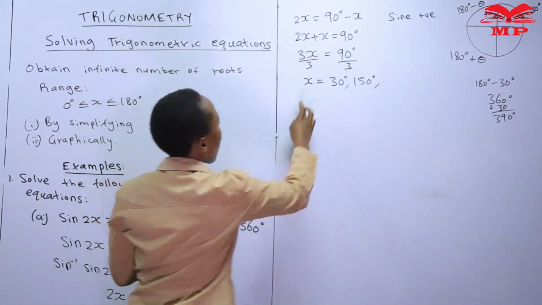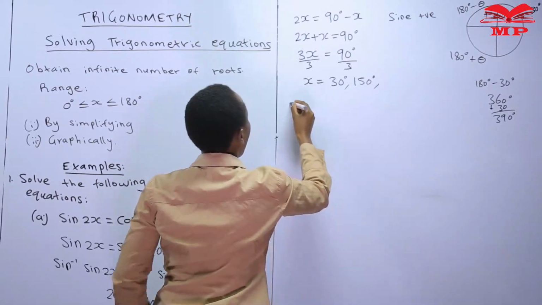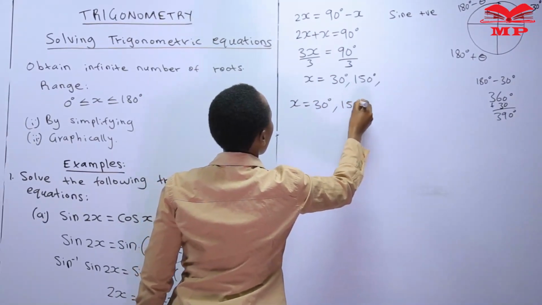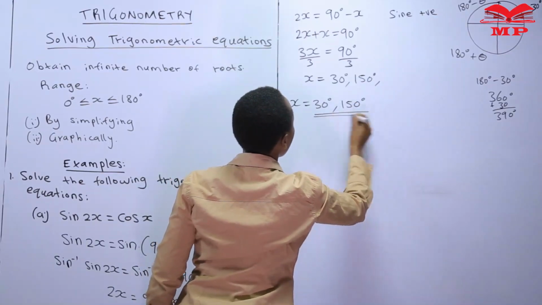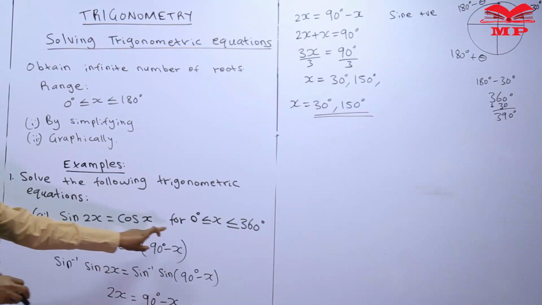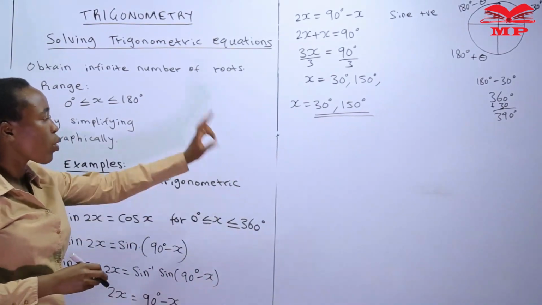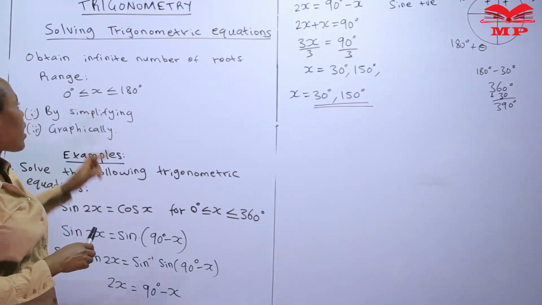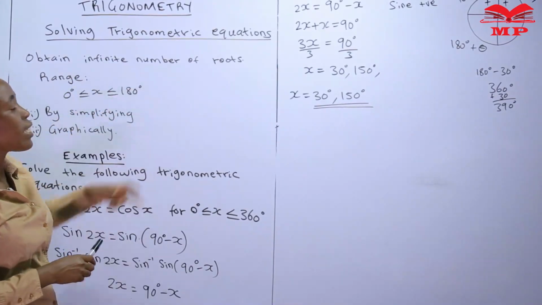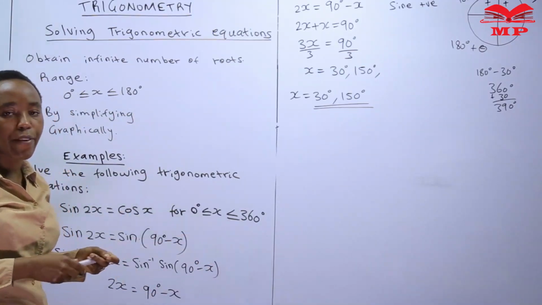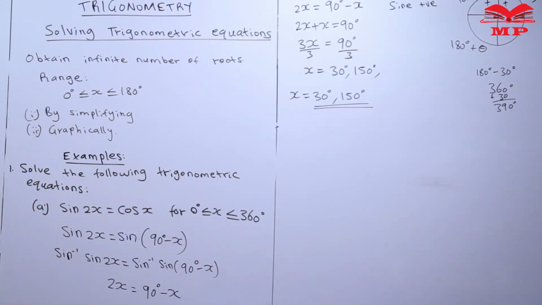Therefore, our possible answers are x equal to 30 degrees and also 150 degrees. That's the solution for x within this range, because when we go once again, we'll get more than 360 degrees. That's why we say, because we have an infinite number of roots, we need to consider the limit that is given.